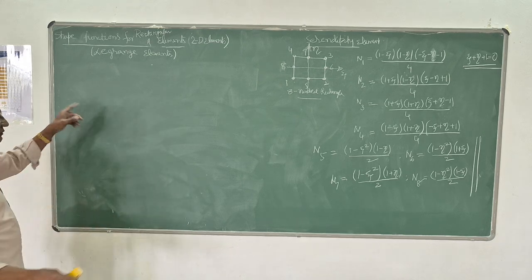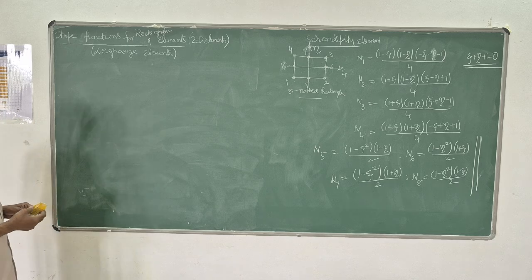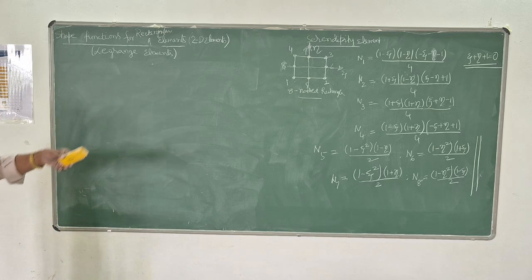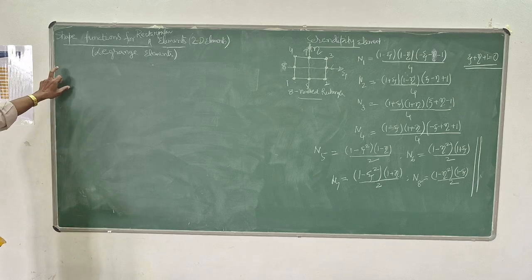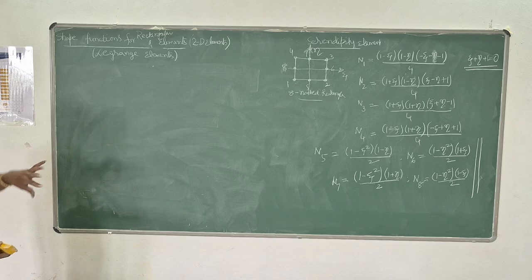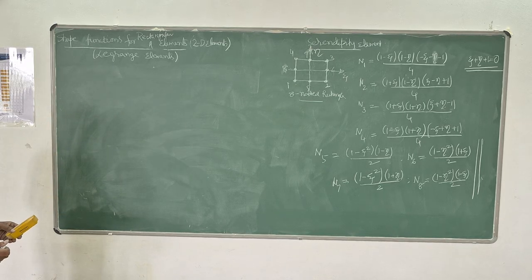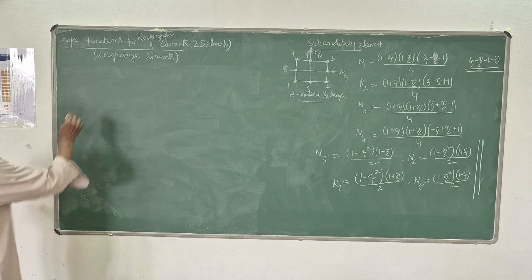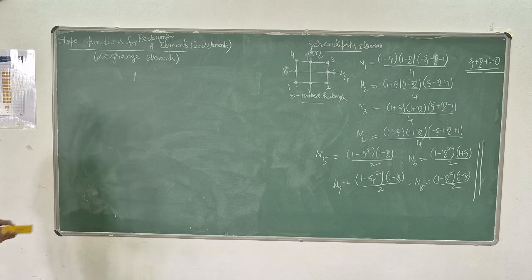We observe that from the Pascal triangle, Lagrange elements are superior when compared to serendipity elements, because Lagrange elements are complete as well as continuous, whereas serendipity elements will not be complete, and you can observe that by looking at this Pascal triangle.